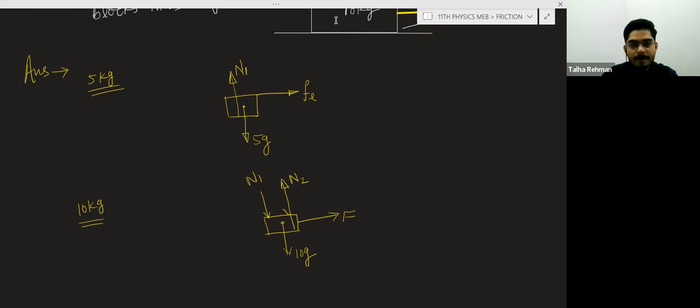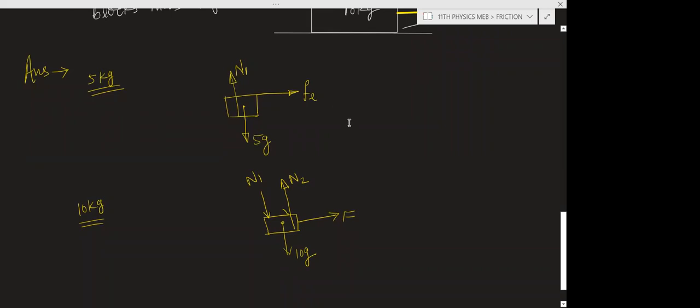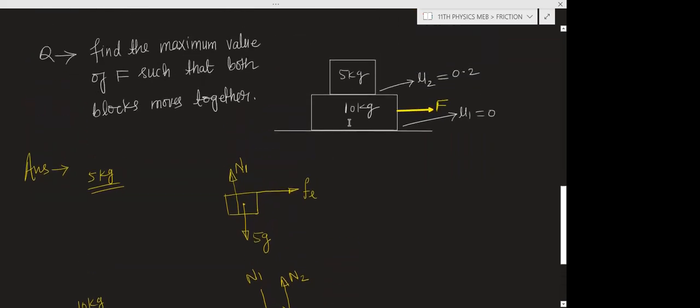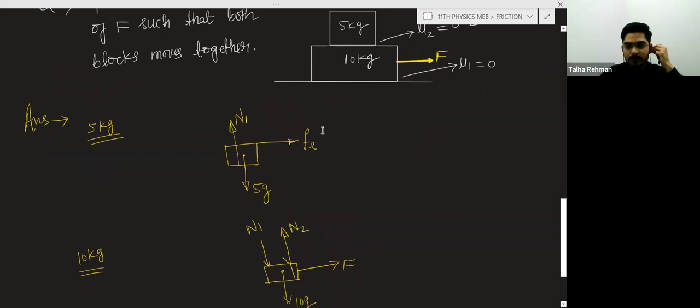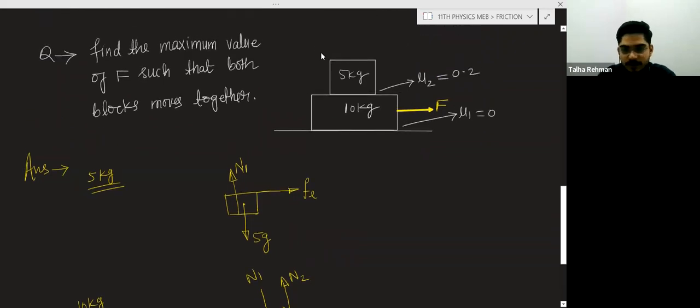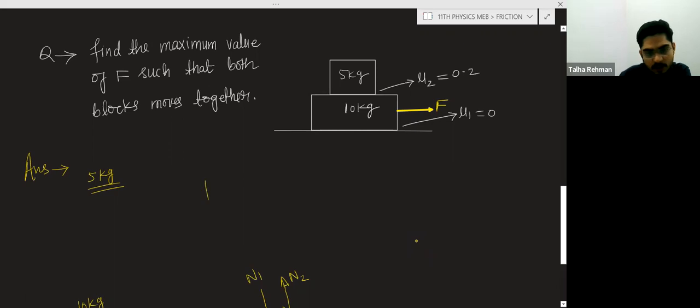Got it, Divyangi? Means how to show the forces of normal reaction. Yes, sir. So can you explain again? Okay, see here. See this first 5 kg block. I am drawing it again. This is the 5 kg block we have.